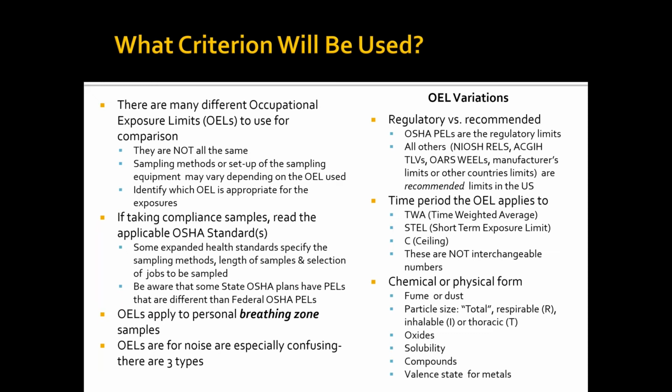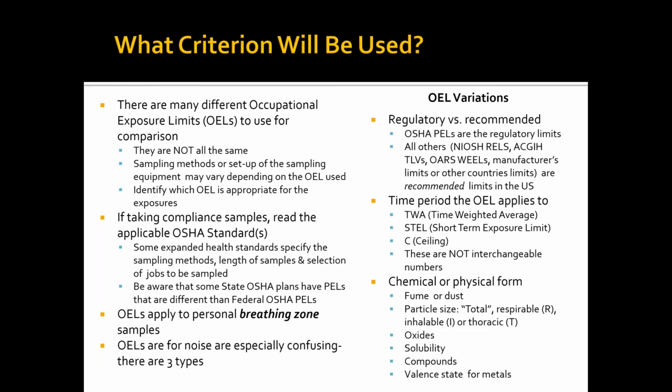A good example of that is copper. Copper fume, the PEL is 0.1 milligrams per cubic meter. Copper dust, it's 1 milligram per cubic meter. So you've got a 10-fold difference in those exposure limits. So you need to know how and where those particles originated in order to use the correct one. Another example is iron oxide fume.